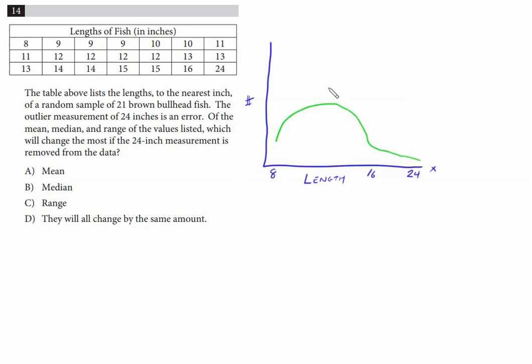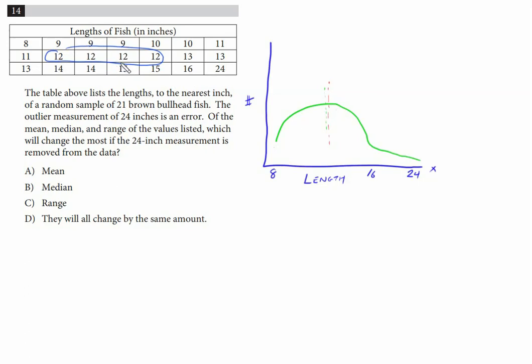So the mean, the average, whether or not I have this number in here, I think we're going to be somewhere in the middle here, and when we remove it, we're still going to be fairly close to the middle here. And as far as the median, we're looking for the middle of this set of numbers. So I see a large number of 12s, and they happen to be in the middle of the data set, so I'm pretty sure the median is going to stay right around here at 12.